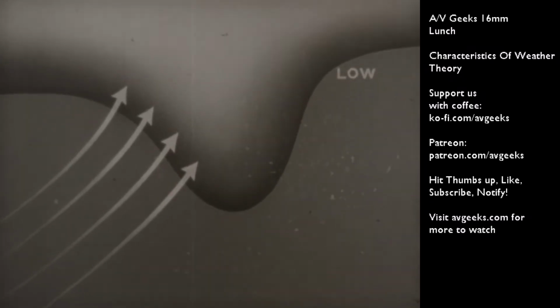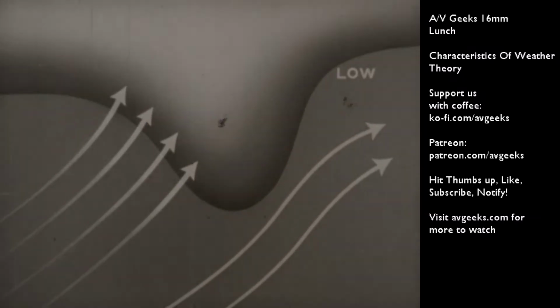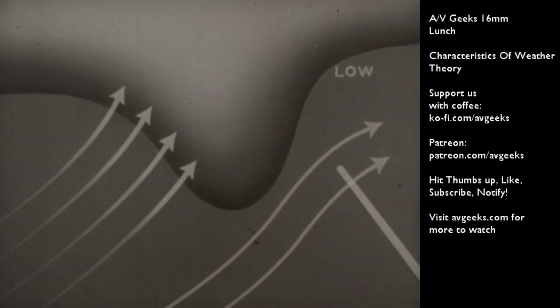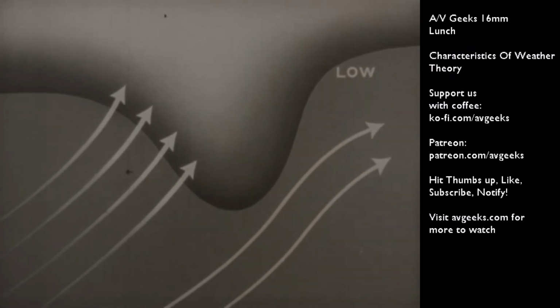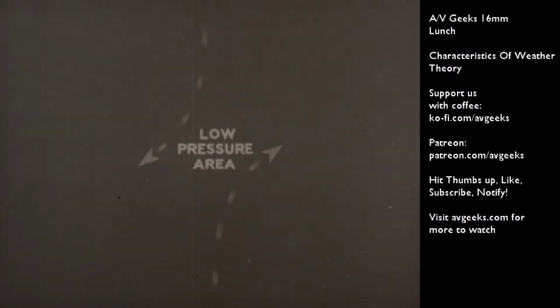This is accentuated by the fact that the southwest winds in this region to the east of the low-pressure area are being deflected to the east by the Earth's rotation. Thus, wherever two winds meet in this manner, both being deflected to the right, the area of low pressure, which was started by the obstruction to the flow of the warm air, will be intensified.